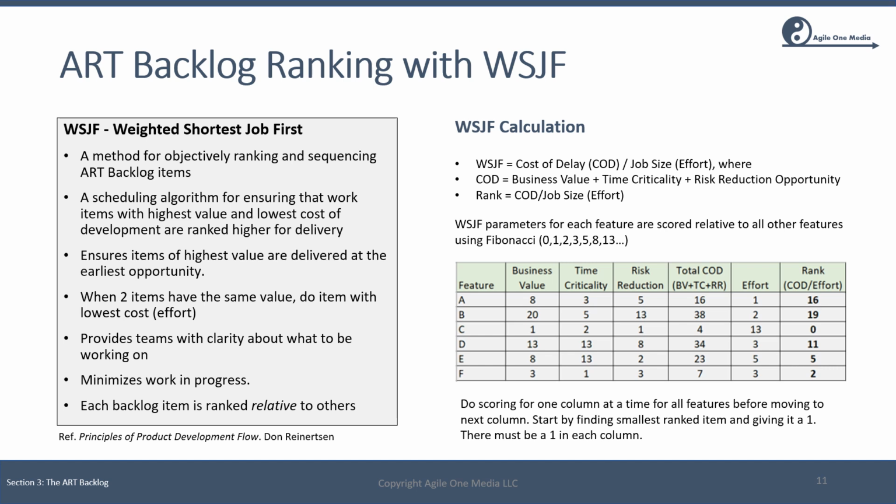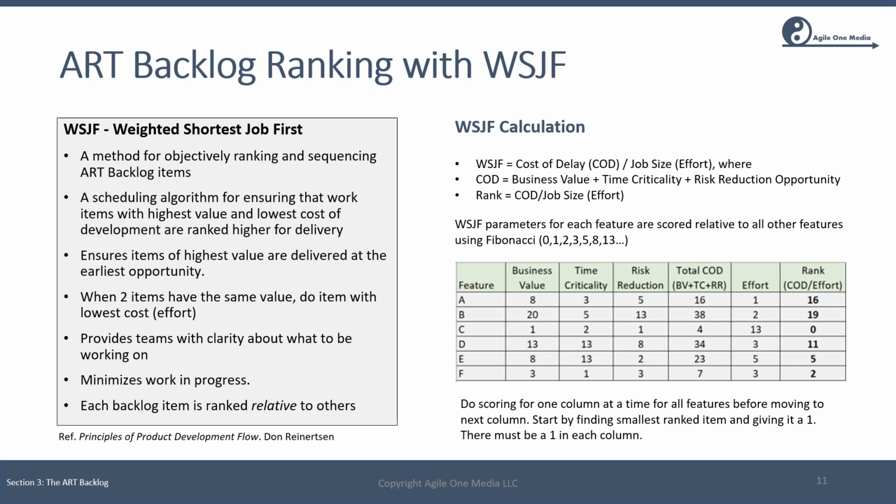So for feature A, we've got the cost of delay as 16, which is the sum of business value plus time criticality plus risk reduction. Now we also want to separately estimate the effort on a relative basis. In this example, feature A is a 1, and feature C is going to take the largest effort, which is 13.